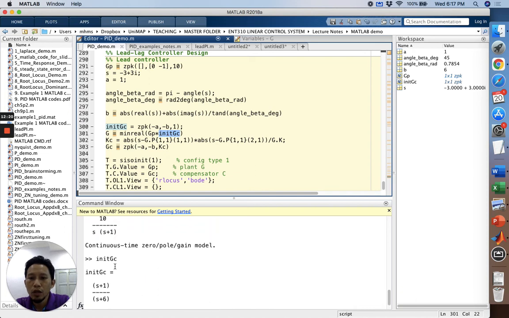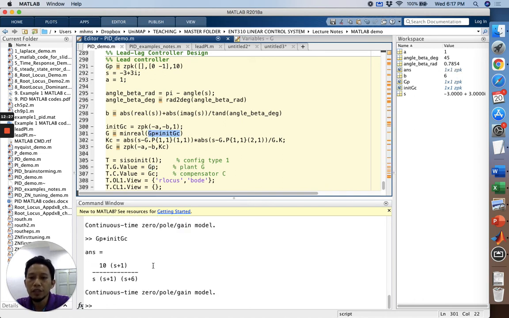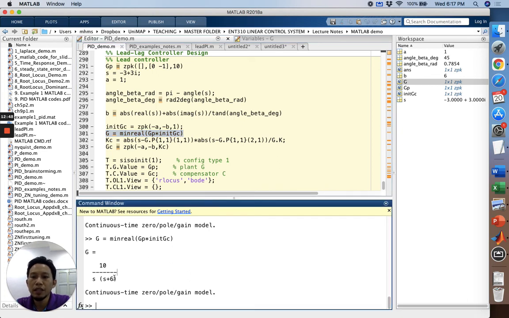If I multiply both GP and init GC here, what we have is 10 times s plus 1 over s plus 1, s plus 6. I don't want the s plus 1 term here because we can cancel them out, so I use the function minreal. Let's say I use G equals minreal of GP multiplied by init GC. So we have 10 over s plus 6. Okay, so we have a G here.